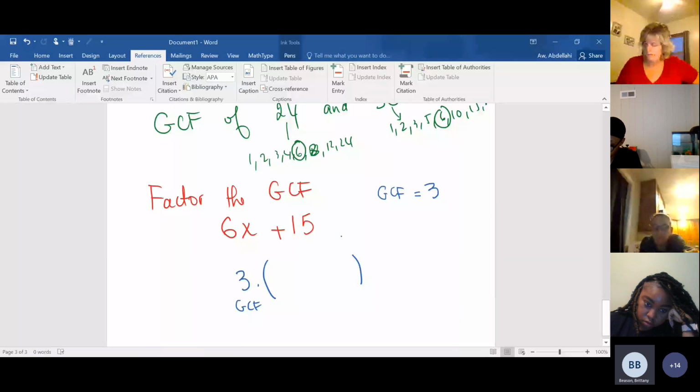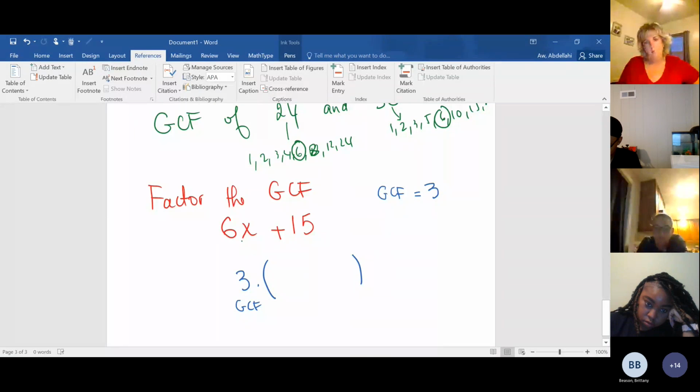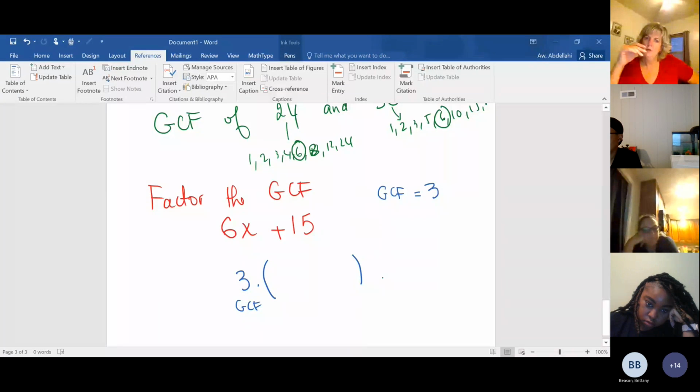So now what do you do? Since I have put 3 out, I have to make it even, so I have to divide everybody by 3.